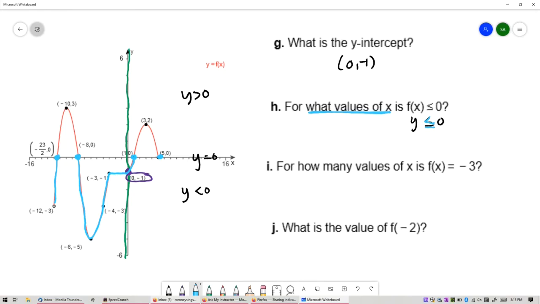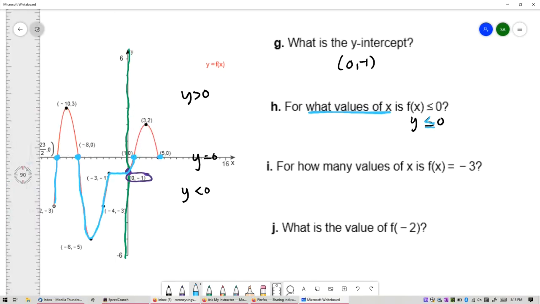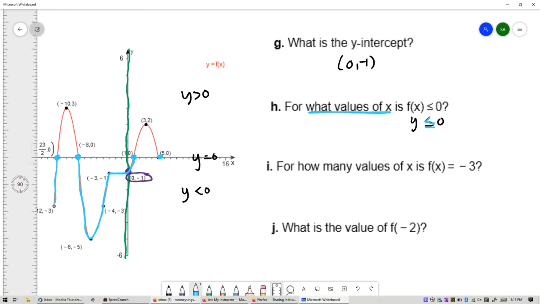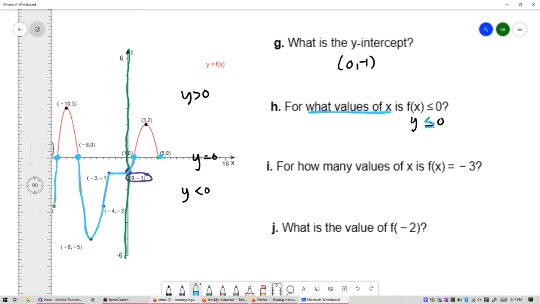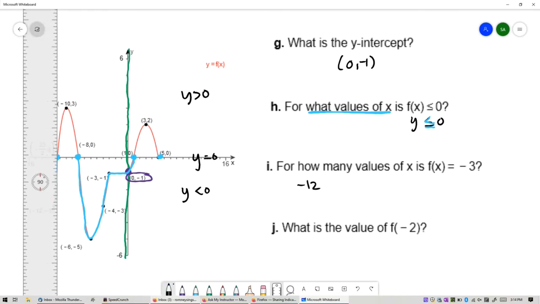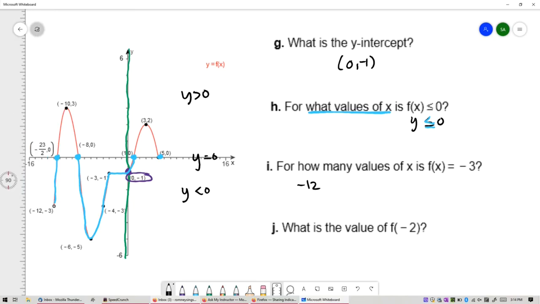So I can use my ruler again and think about when each one of these groups of points start and stop. So this starts here with an x of negative 12. And that group of points stops at an x of negative 23 over 2. We do want to pay attention to whether we're including the endpoints or not.